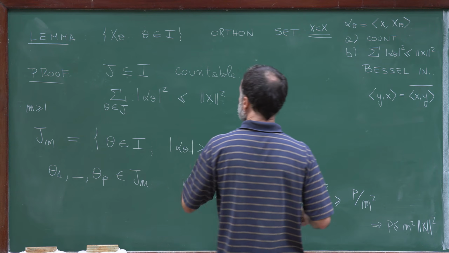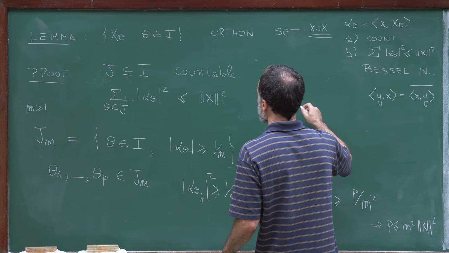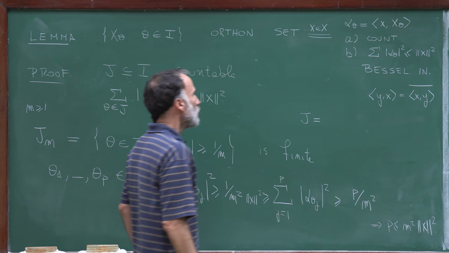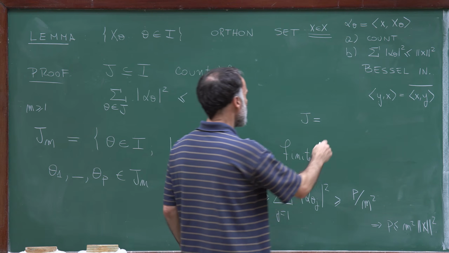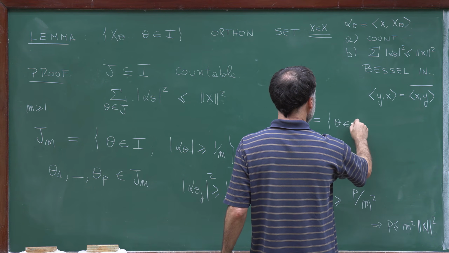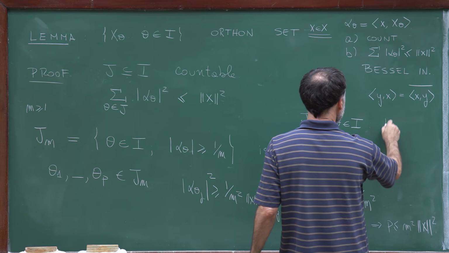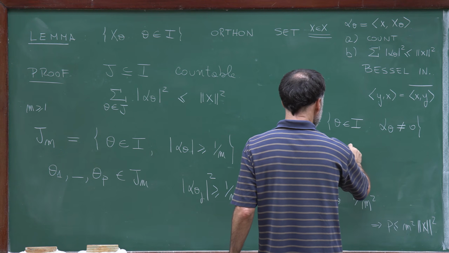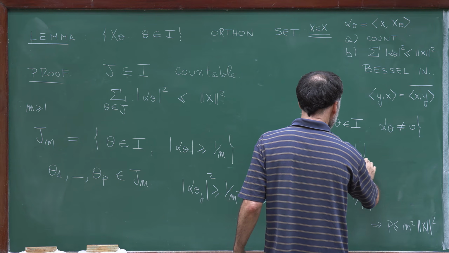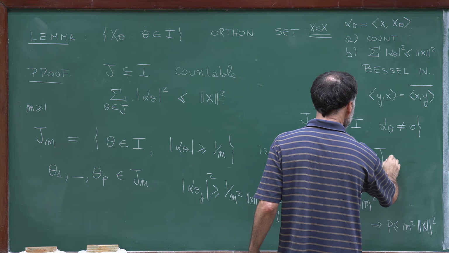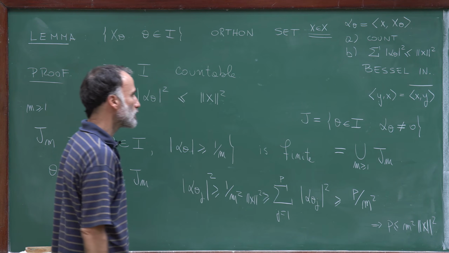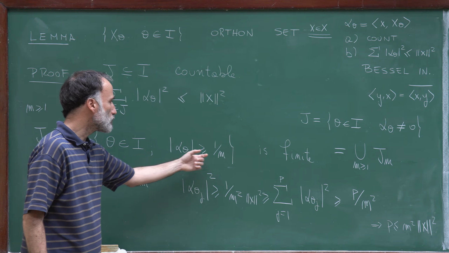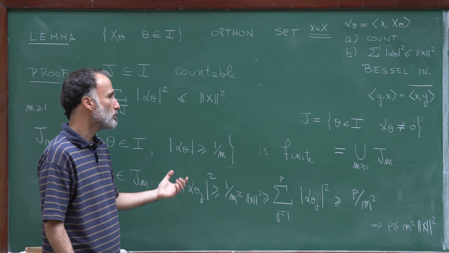And now, of course, if I represent by J all the theta in I such that alpha theta is different from 0, this set is the union for m larger than or equal to 1 of Jm. Right? Because if alpha theta is different from 0, its absolute value has to be larger than 1 over m for some m.